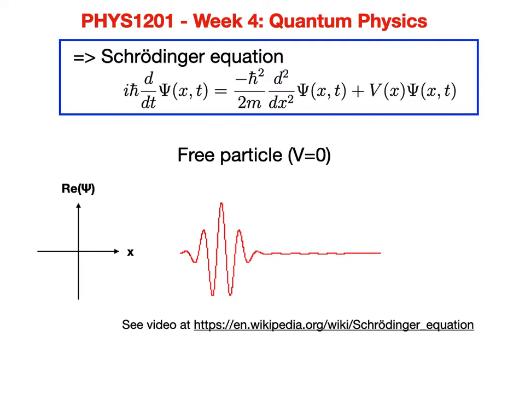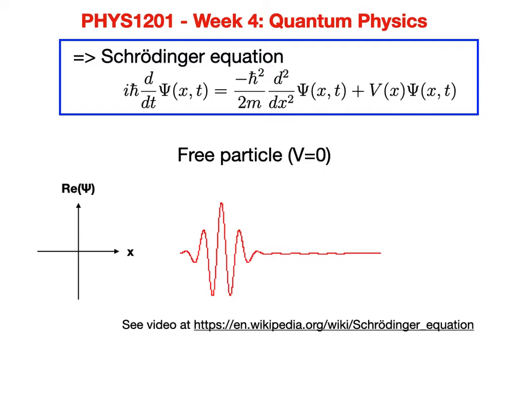What is plotted is the real part of the wave function as a function of x. You see that it's oscillating with x, and it's not localized at a given point in x. Because it's an amplitude of probability to find the particle at a given position, this means we can find the particle at different positions in x.